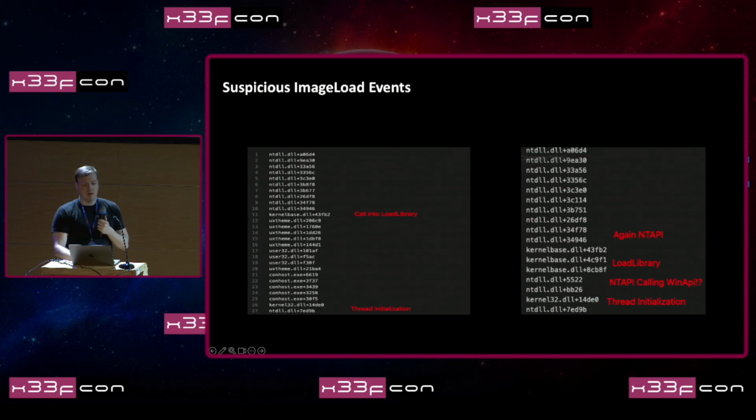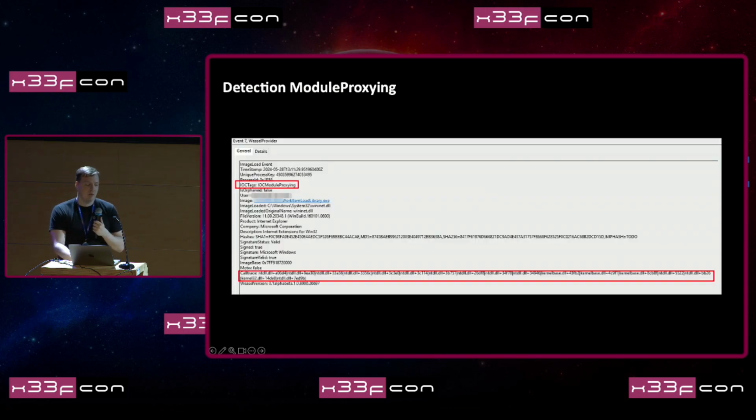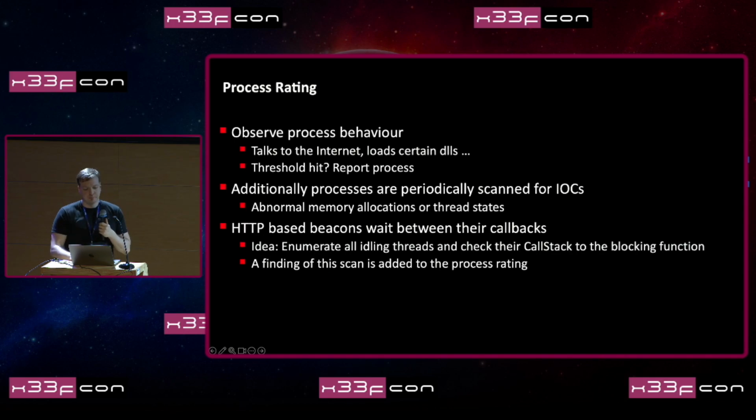And this sequence of calls is so rare that we can actually say with a very low false positive rate, if we detect such a call stack in an image load event, then we can add an IOC tag saying this looks like module proxying to us, and forward the event because we find it especially interesting. But that's not everything we do.